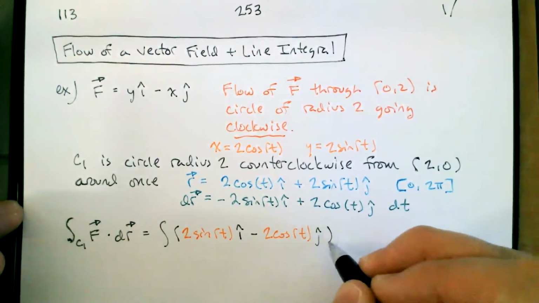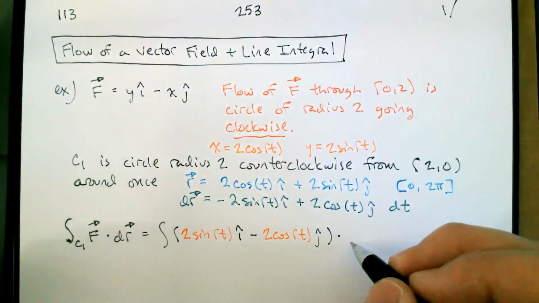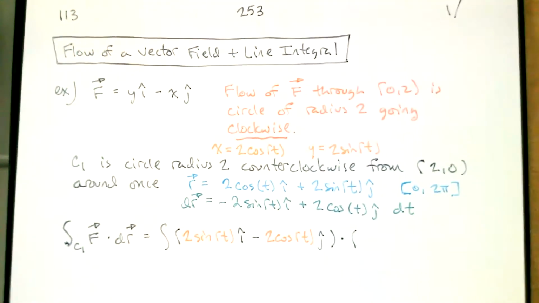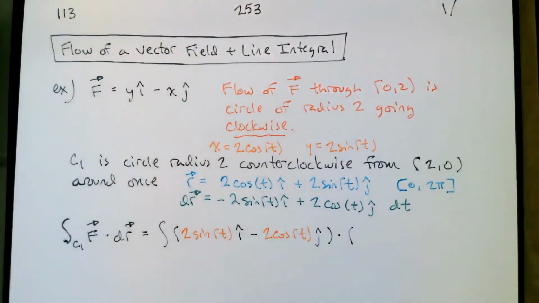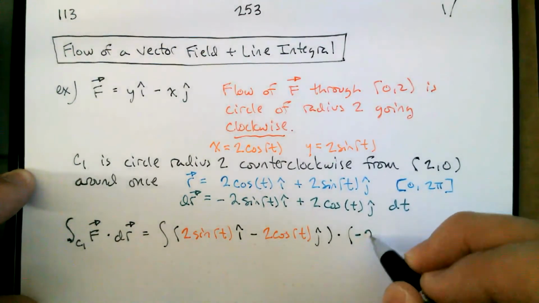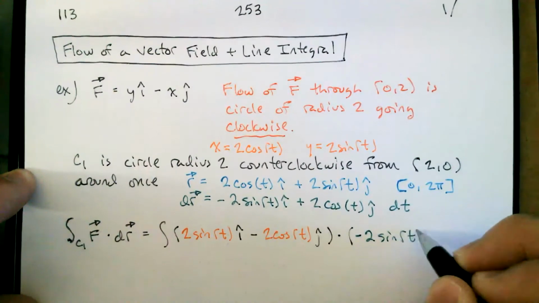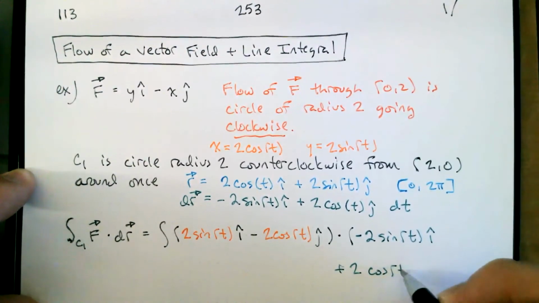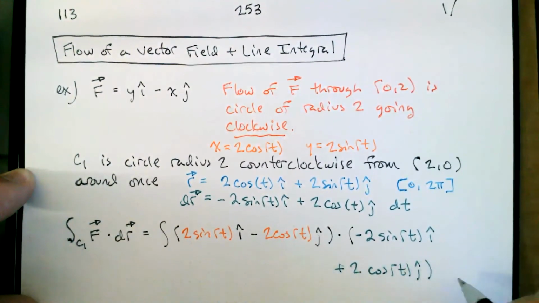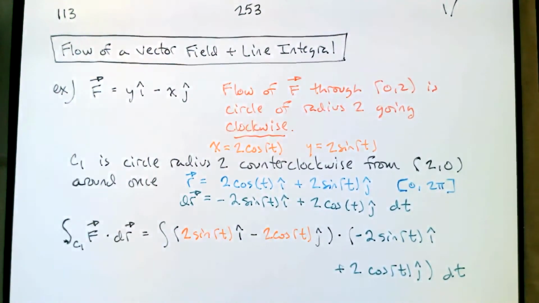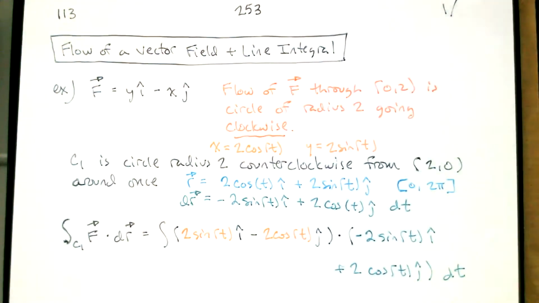There's the vector field evaluated at every point on the curve. We find the dot product with dr, the direction of the curve. And we're going once around, so from 0 to 2 pi.